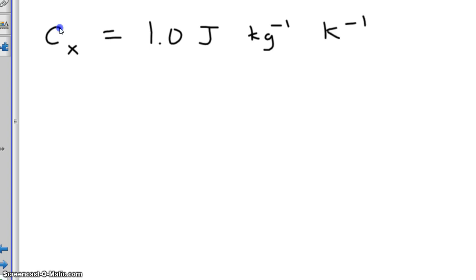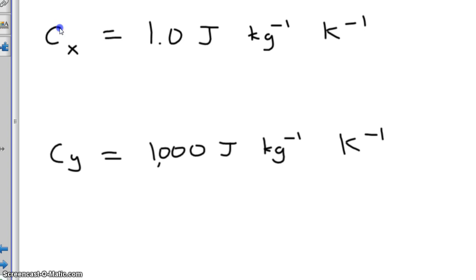So let's do an example, a couple examples. I have some mystery substance X, and its specific heat is 1 joule per kilogram per Kelvin. And I have another substance Y, whose specific heat is 1,000 joules per kilogram per Kelvin.